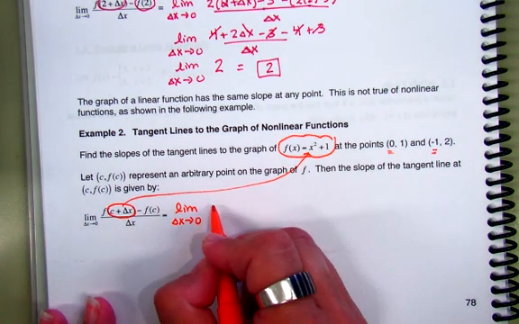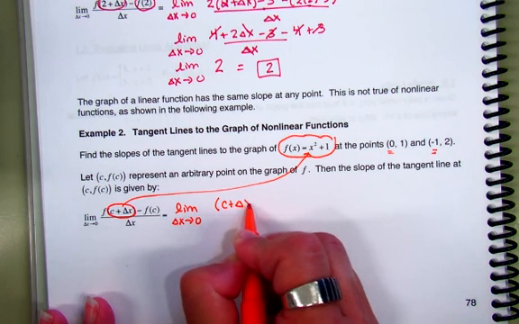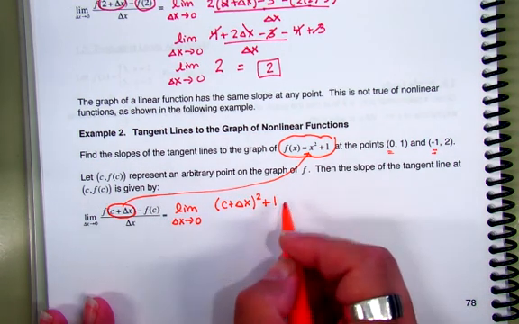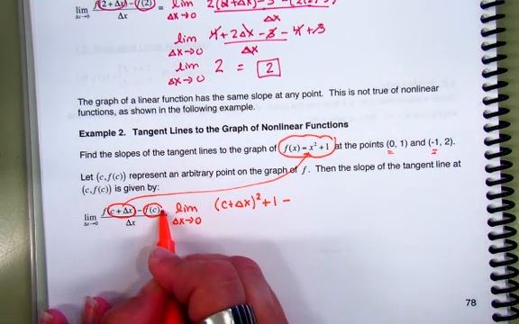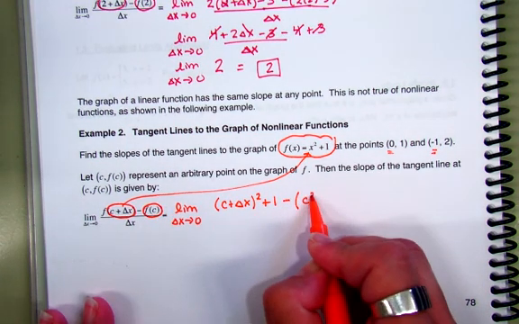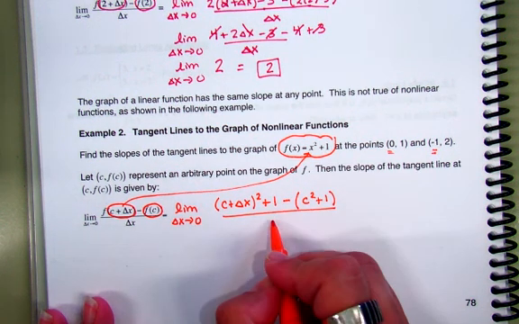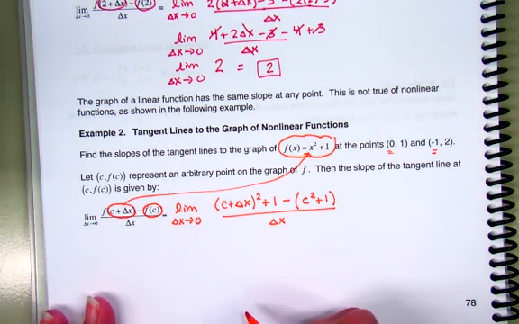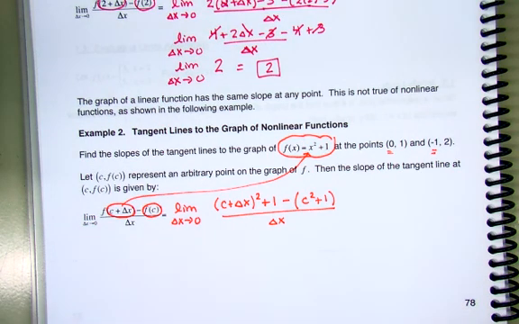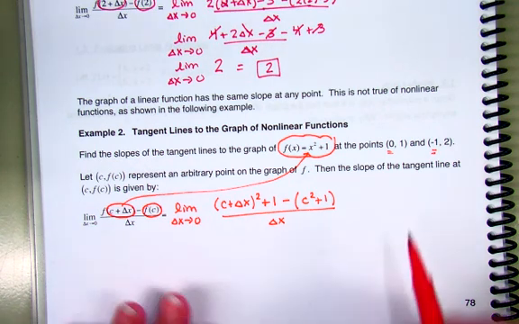So I'm going to have (c plus delta x) squared plus 1, then I'm subtracting off f of c, which will just be c squared plus 1, all over delta x. You're just going to get used to this whole delta x notation. Delta x is just a variable, okay? Just bring it along. All right, let's work this out.